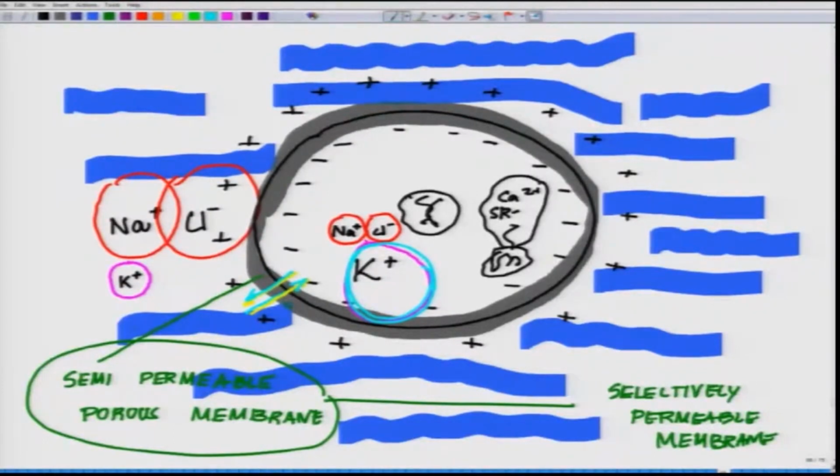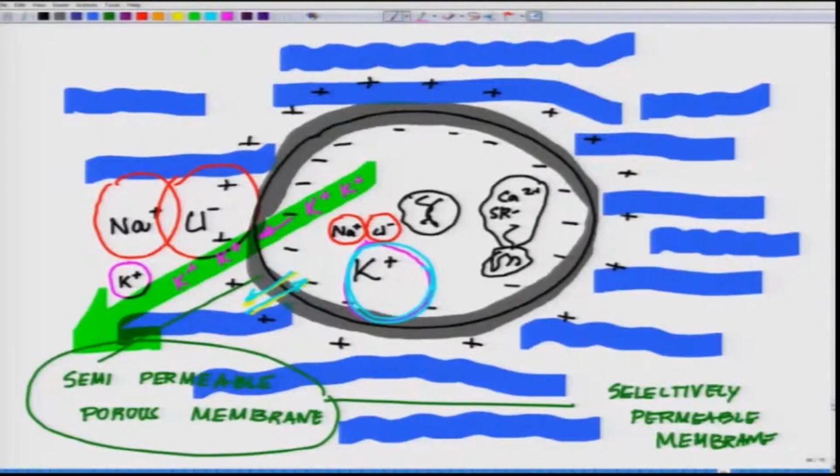If that is the situation, then the potassium ion flow will be governed like this, because in that case potassium ion from inside will try to leak outside, a situation which you could recollect back in the previous class.